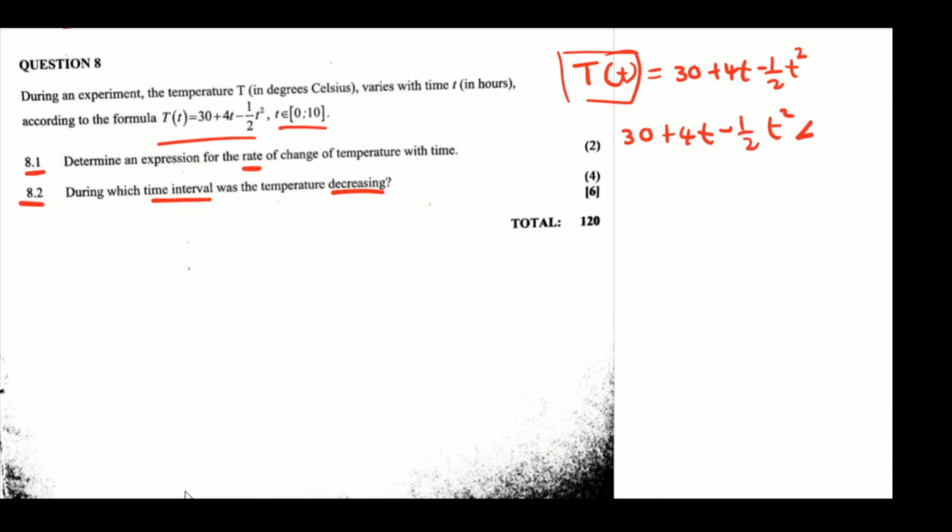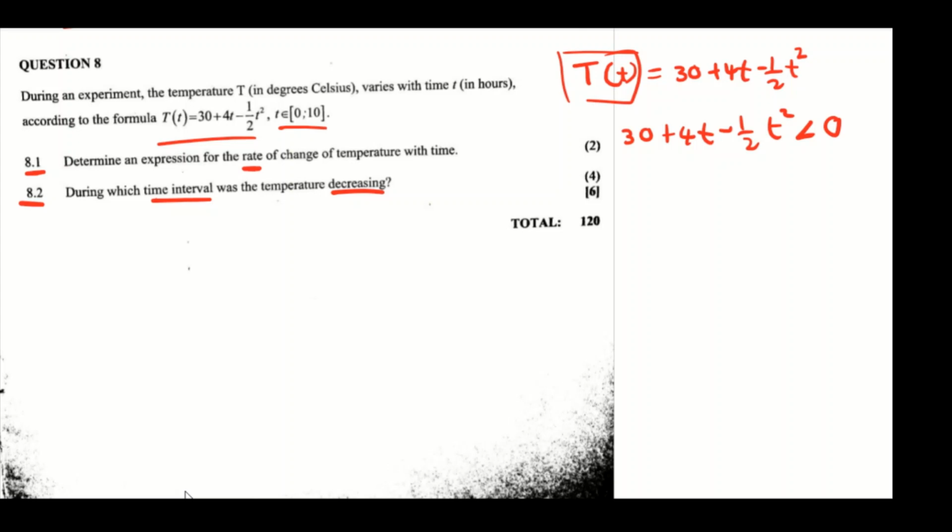But now they didn't say the rate is decreasing, they just said temperature is decreasing. So you're going to say T(t) is equal to 30 plus 4t minus 1 over 2 t squared, right? So this temperature is decreasing, meaning it's going to be 30 plus 4t minus 1 over 2 t squared, it's less than 0. Less than 0, it's decreasing.